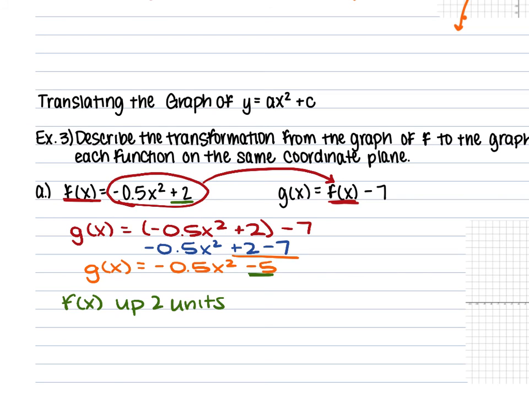That means it's going down 5 units. So these both have the same a value. That's not changing. The only thing that changes is whether they go up 2 units or down 5 units.